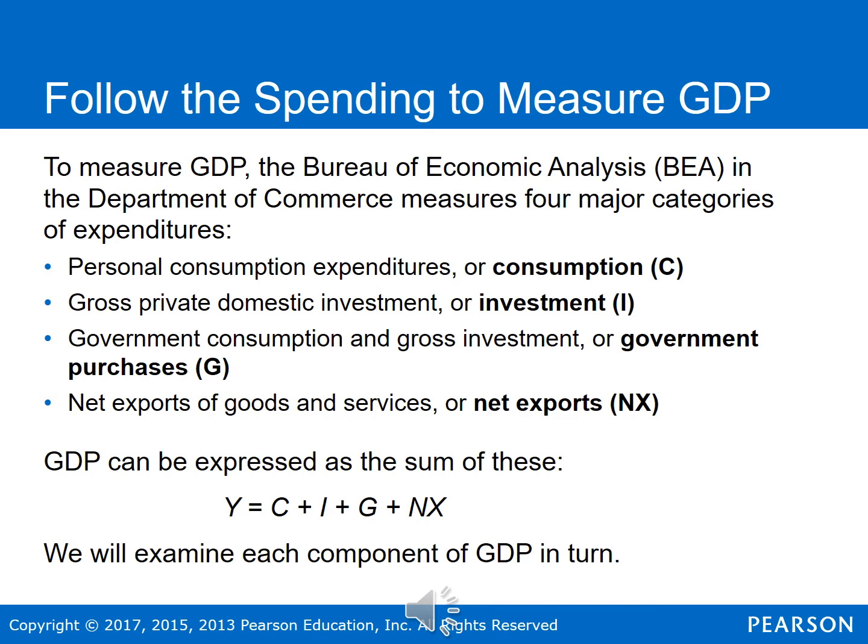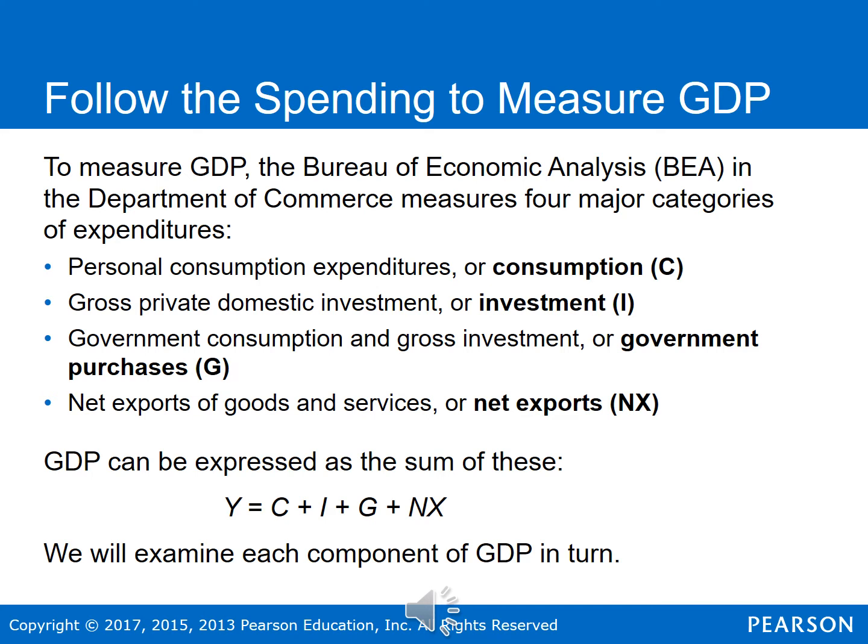Because we have several different players in this model of our macroeconomy, in order to estimate the GDP and actually measure it, we can break it down into different components for the different players that are taking part in this. So when we measure GDP, the Bureau of Economic Analysis, which is part of the Department of Commerce, measures 4 major categories of expenditures based on who's involved in spending the money.